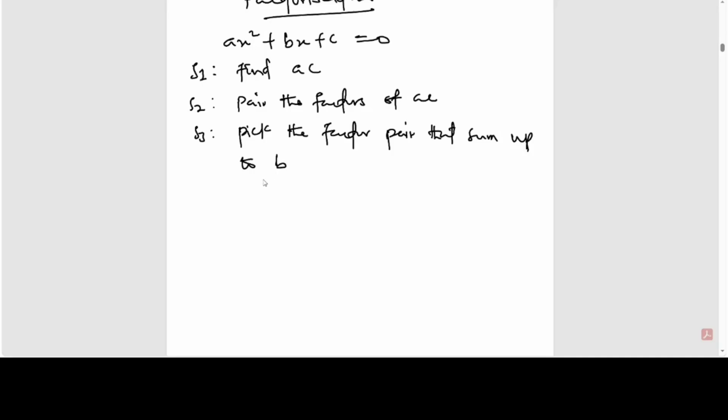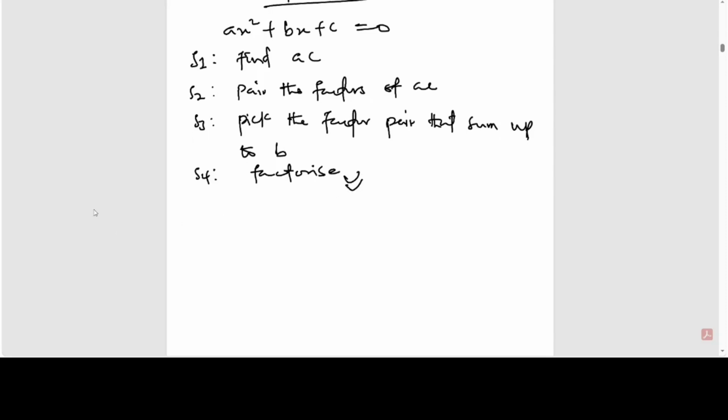I'm going to explain each one of these, so you don't have to worry for now. So pick the factor pair that sums up to b, and step number 4, you factorize, or you split. So there are a lot of things that go into this factorize part. I'm going to do justice to that as we go on.